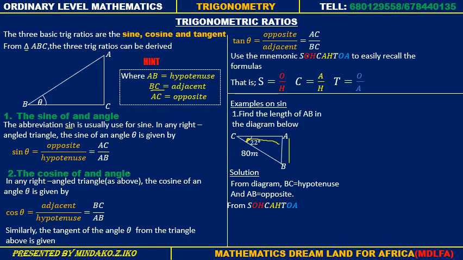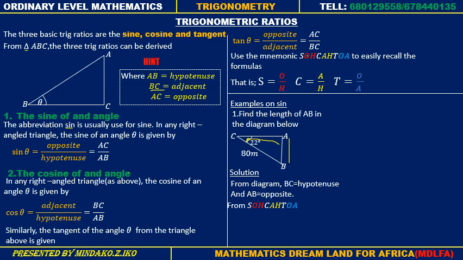We know that BC is the hypotenuse, CB or BC, but it's good to call it BC, so I start alphabetically. So the length BC is the hypotenuse and AB is the opposite. Now let's move to SOHCAHTOA.